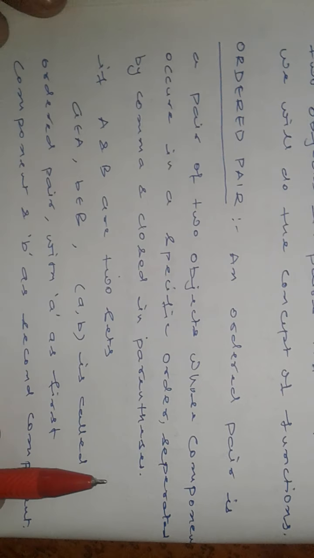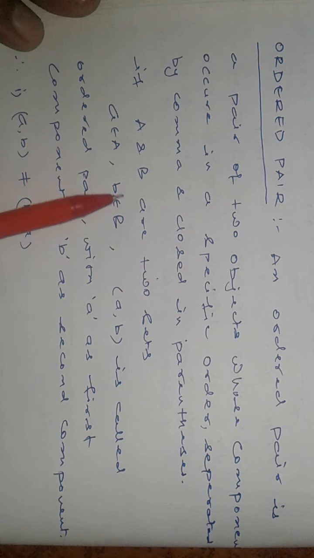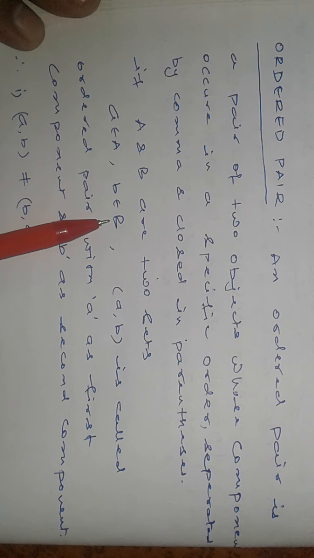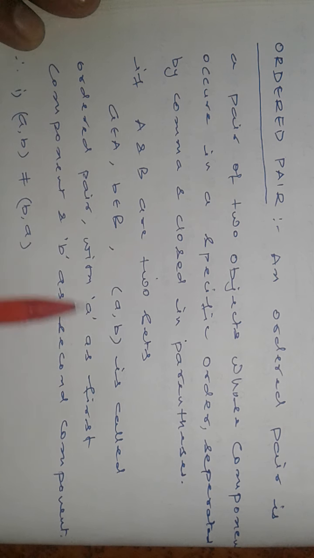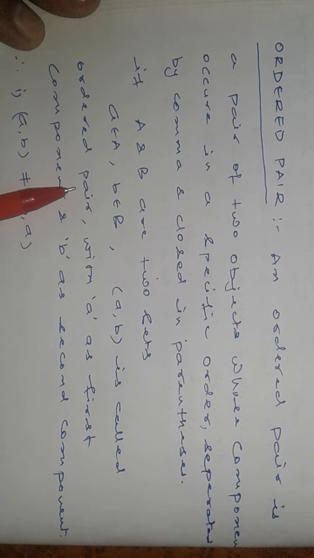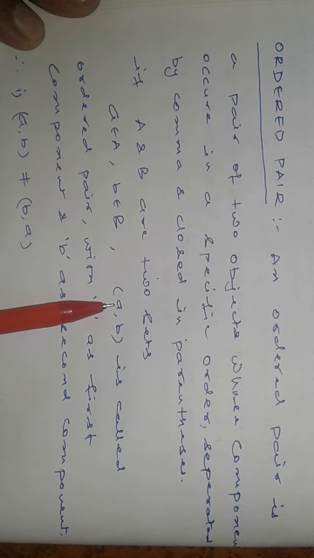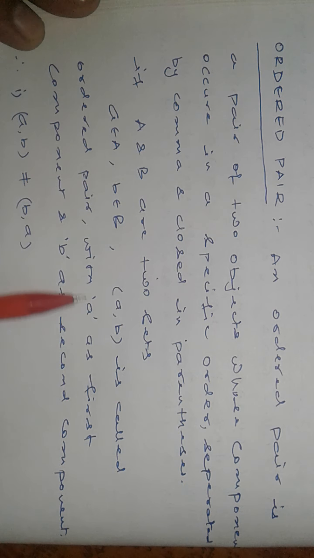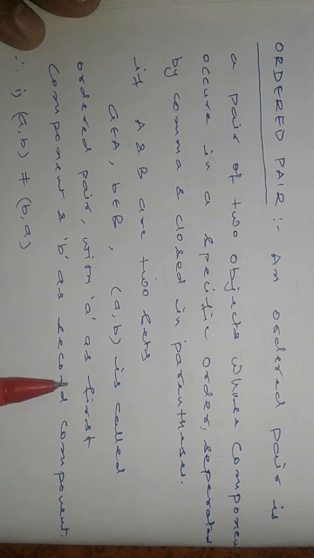For example, if A and B are two sets, suppose small a is an element of A and b is an element of B, then (a, b) is called an ordered pair. One element is from one set, the second element is from the second set. This (a, b), separated by a comma and enclosed in brackets, is called an ordered pair with a as the first component and b as the second component.